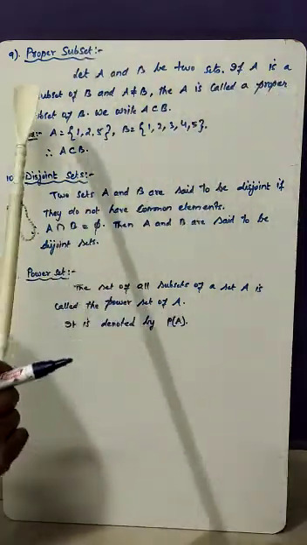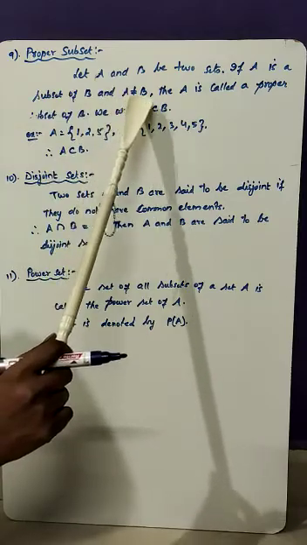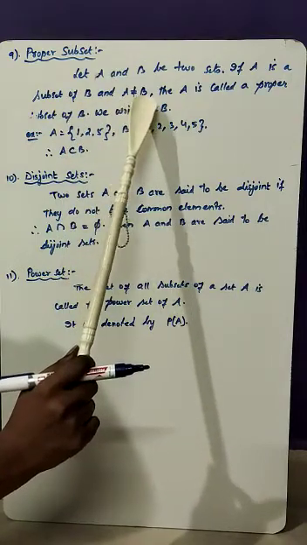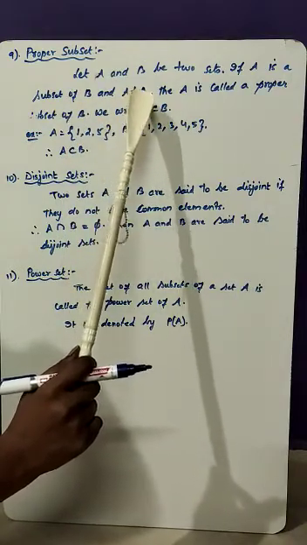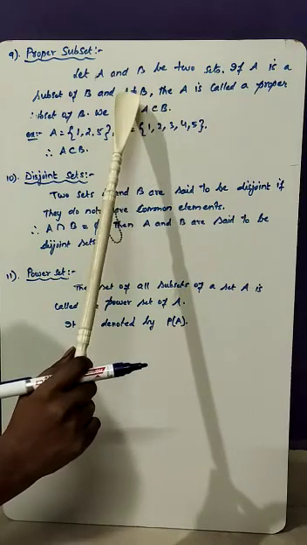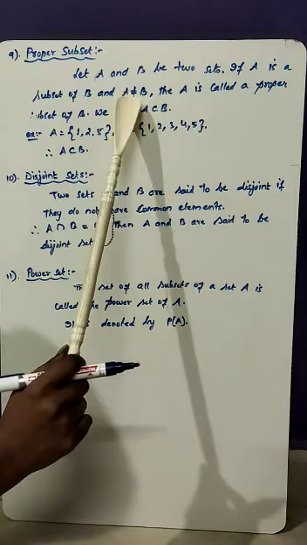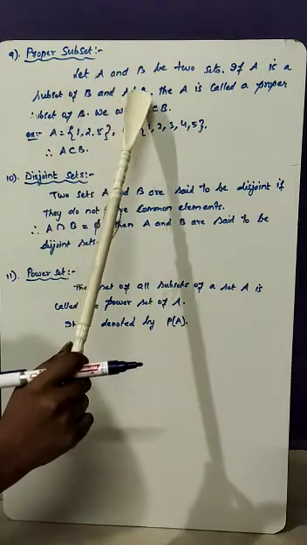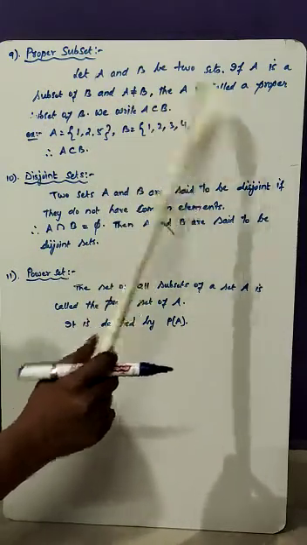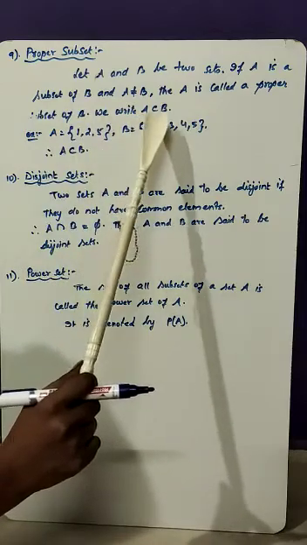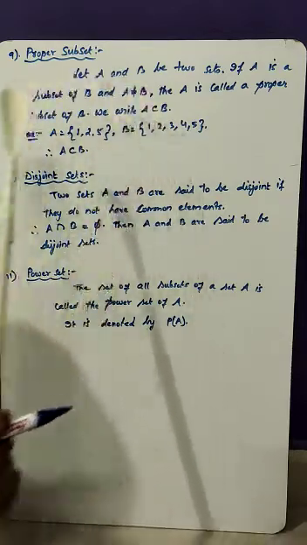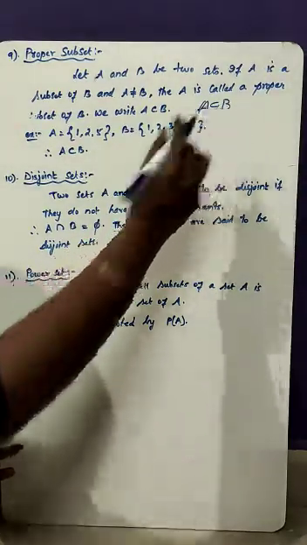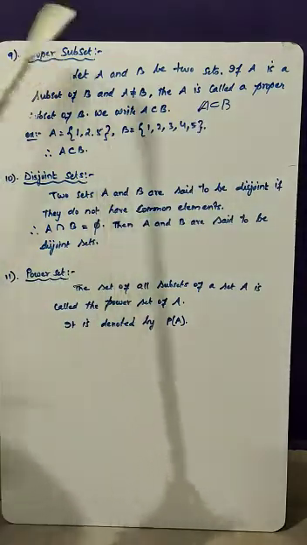If A is a subset of B and A is not equal to B, listen carefully, A is a subset of B but A is not equal to B. A and B are not equal sets. So subset and proper subset are different. In subset, A equal to B is also allowed, but in proper subset, A is not equal to B. So A is called a proper subset of B. We write A subset B. Look carefully, the equal symbol does not come; there is no equal symbol. That is the difference between subset and proper subset.